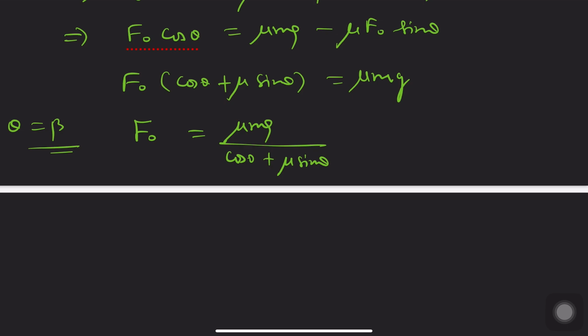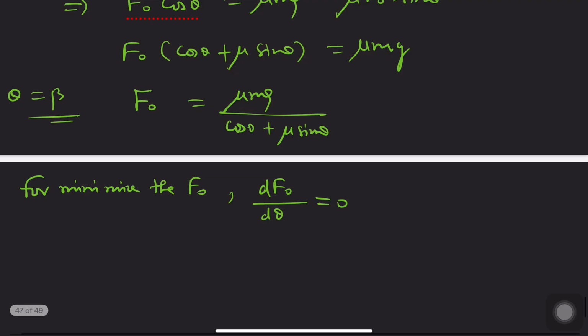So to minimize the F naught, what we will do is, dF naught by d theta should be 0. This is the step. So dF naught by d theta is equal to mu mg, which is a constant, so take it out, and now apply the quotient differentiation rule.